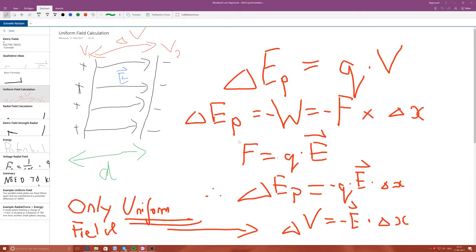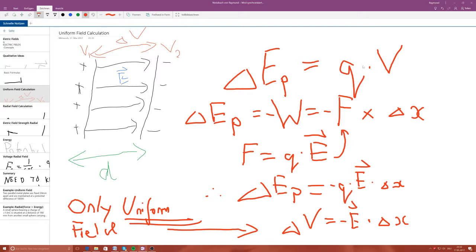And we put this equation, F equals QE, into the earlier equation with the energy. We get that the change in energy is Q times E times delta X, and of course the minus is here now because energy is negative work. And now with Q times E times X, we can simplify it once again with the earlier equation.